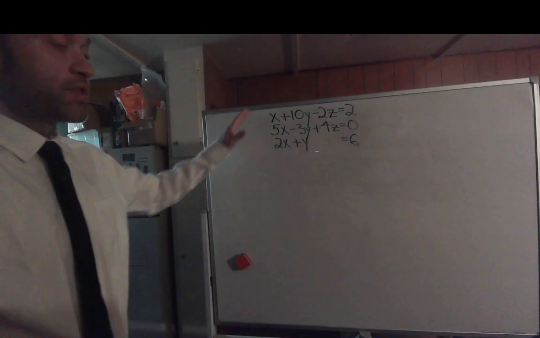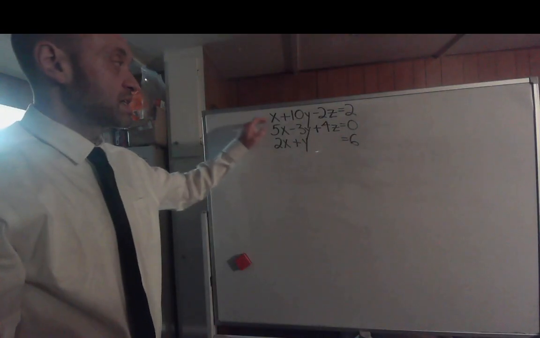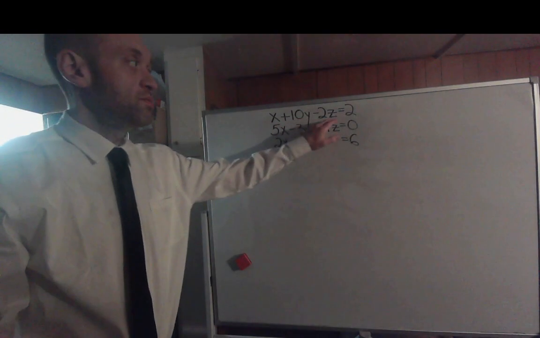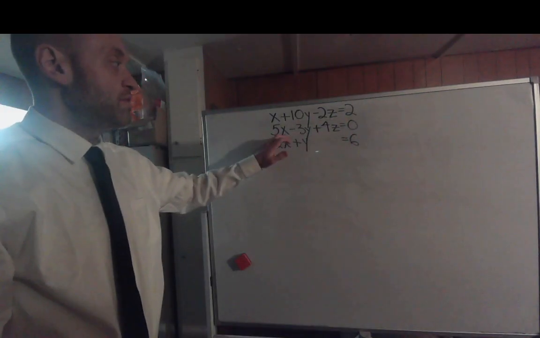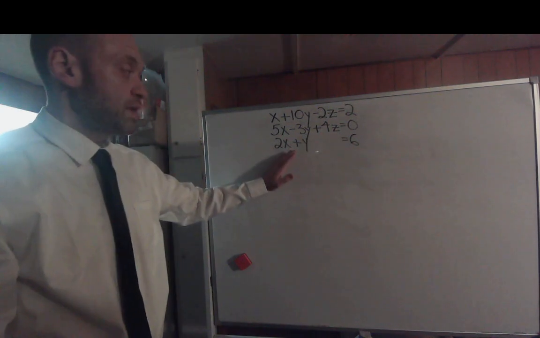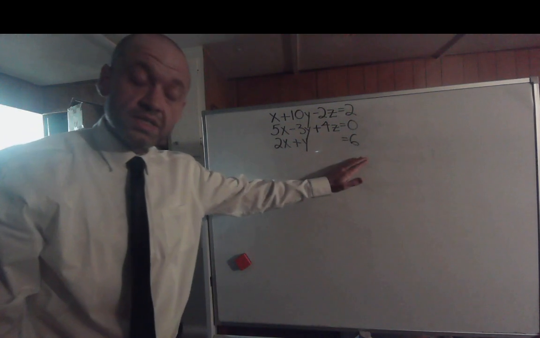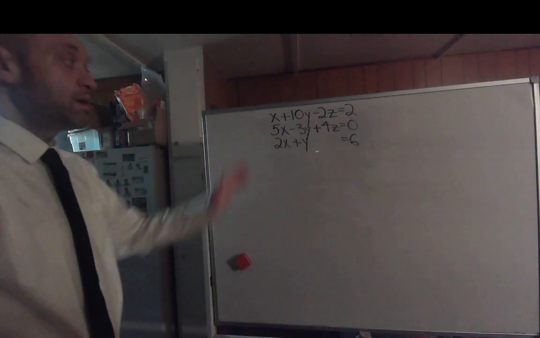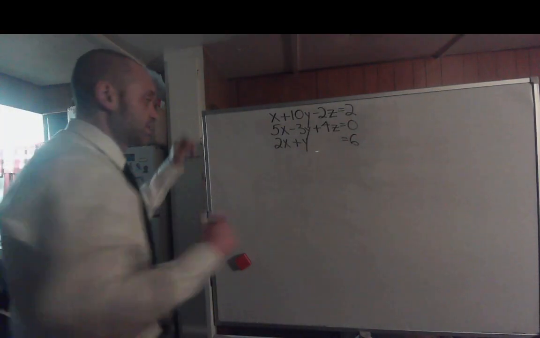So now you have a 3-variable system. Alright, so how can we represent this in matrix form?